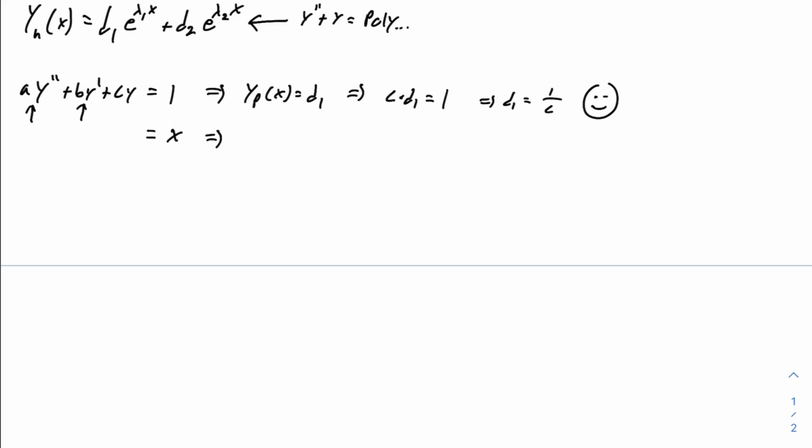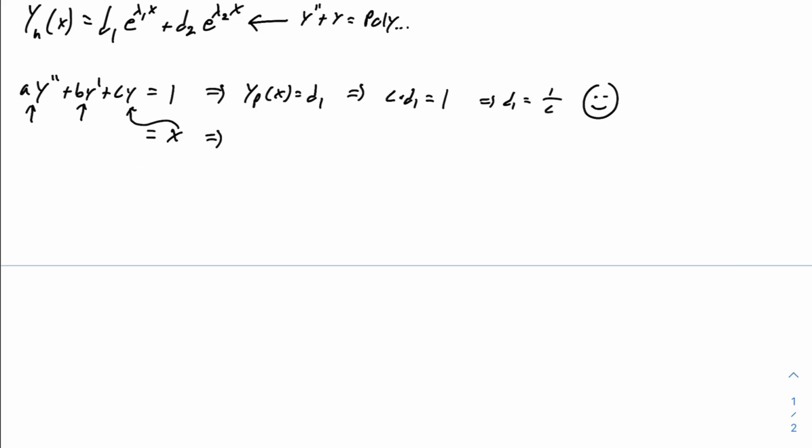Because every time I take the derivative of a polynomial, I'm going down, because x squared will go to 2x. So we can see that the order of the polynomial decreases from 2 to 1. So that means that the y term is going to give us the highest order polynomial that we can have. Okay?